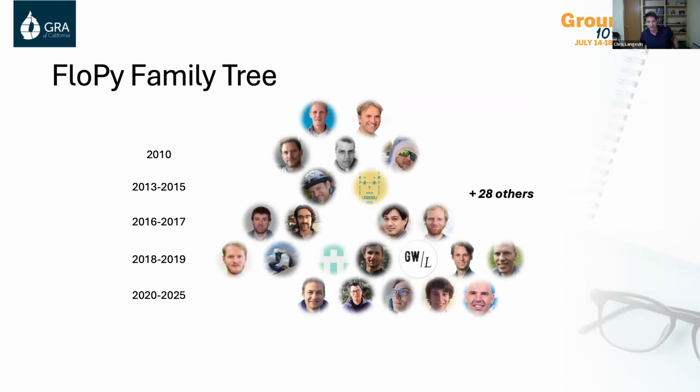Just to give you a little history on this, here's the FloPy family tree. We've had quite a few people making contributions to the FloPy code base over the years. It goes back to a couple of our colleagues, Mark Bakker and Vincent Post, who started this and worked on the initial version.